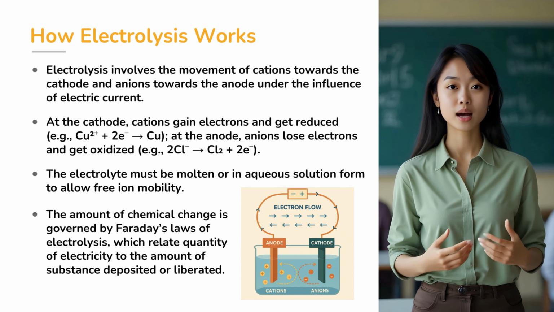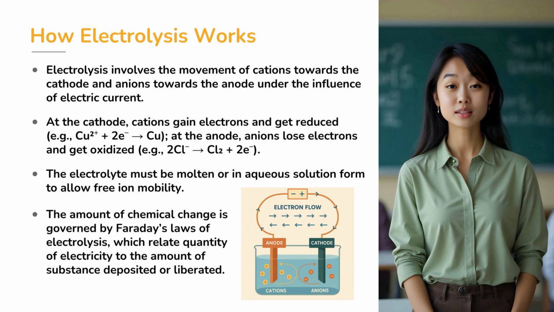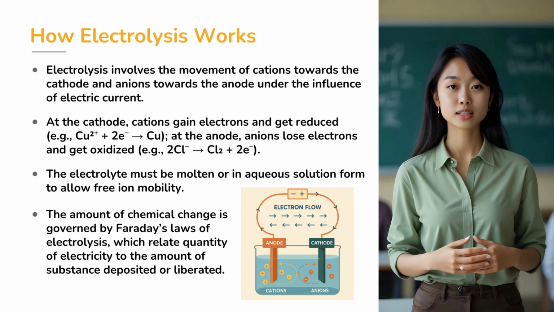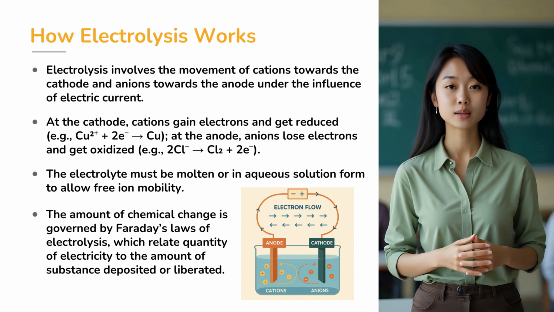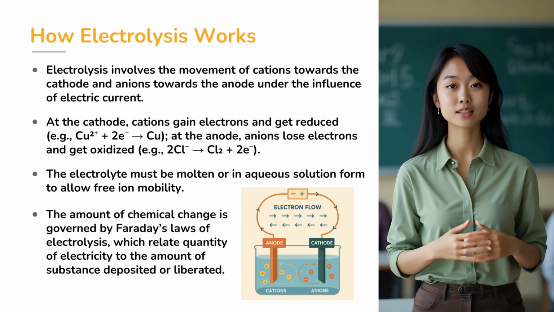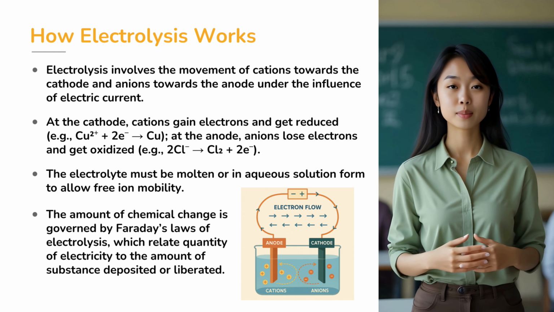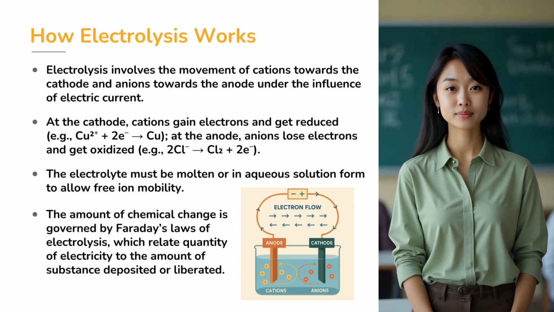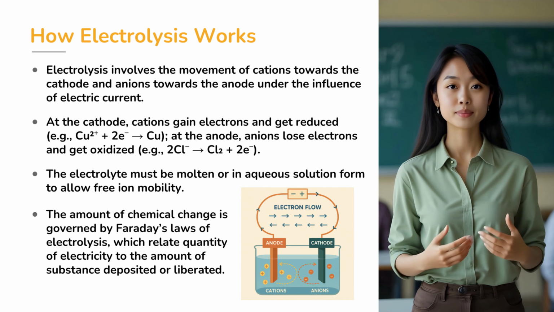At the anode, anions lose electrons and get oxidized. For instance, chloride ions lose electrons to form chlorine gas. The Cl- gives Cl2 plus 2 electrons. To make this possible, the electrolyte must be either molten or aqueous, allowing free movement of ions. And the amount of chemical change that takes place? It follows a law, Faraday's law of electrolysis, which we'll explore shortly.